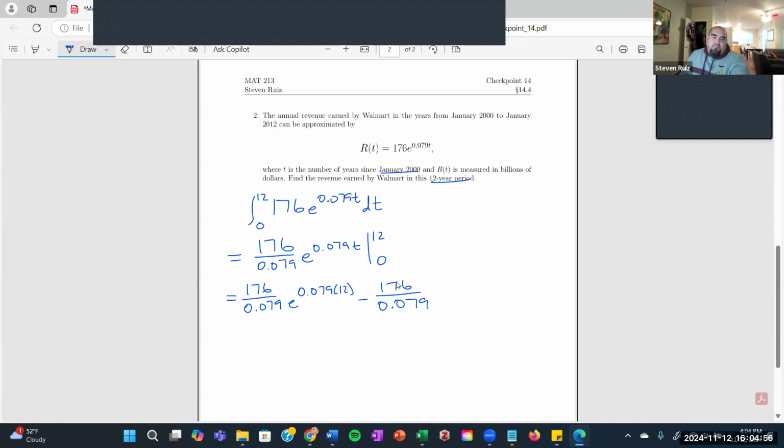So this right here, if I now take this to my calculator, I get this value that I wrote down for you: 3521.21. And what did I say that was measured in? That is in billions of dollars. So over this 12-year span, Walmart made about $3.5 trillion, or $3,521 billion. And that is all for checkpoint number 14.